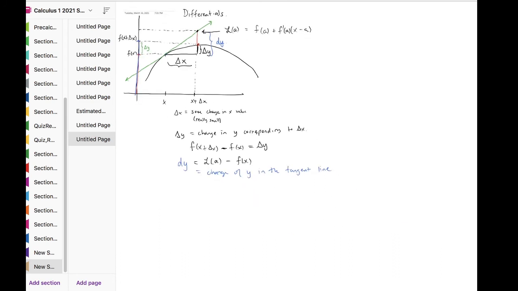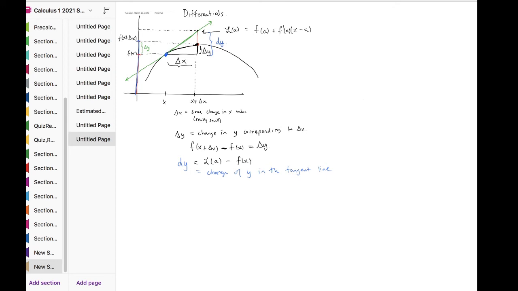Okay, everyone see that? So the tangent line and the function itself start at the same point. So there's two things going on. There's the actual change of the function, which we'll define as delta y. And then there's a change in the derivative approximation, which we'll define as dy.